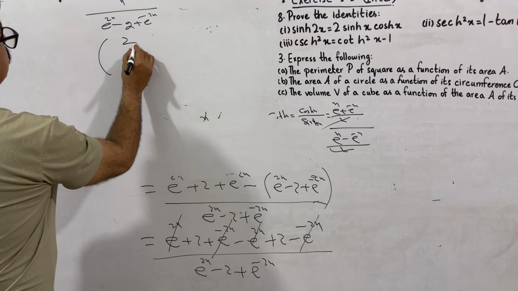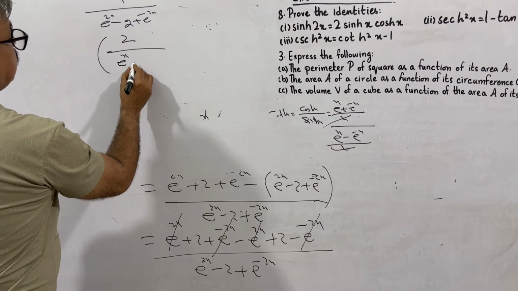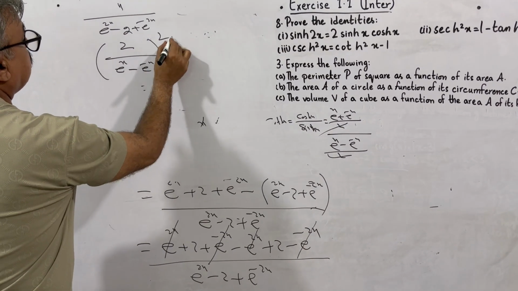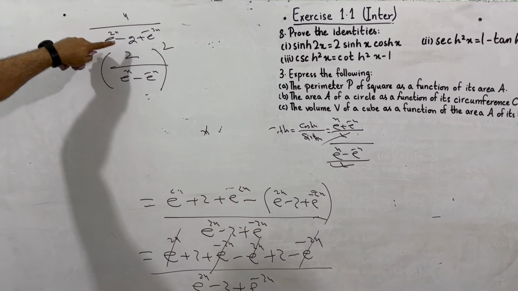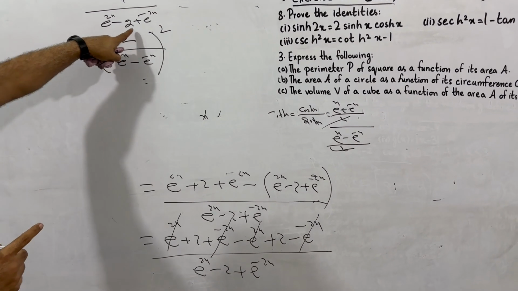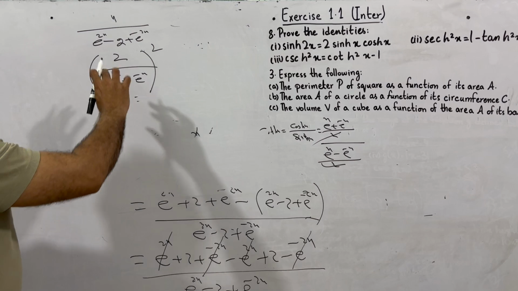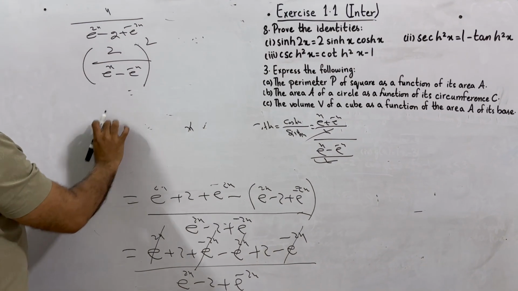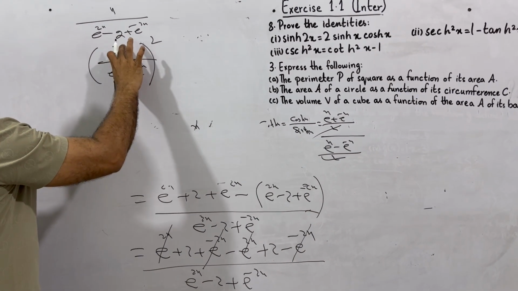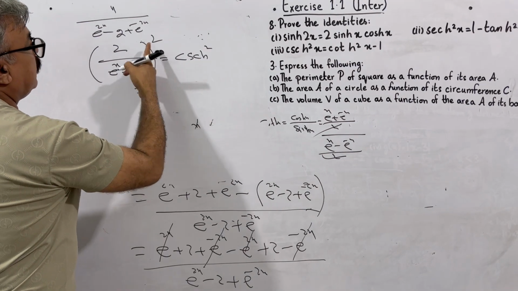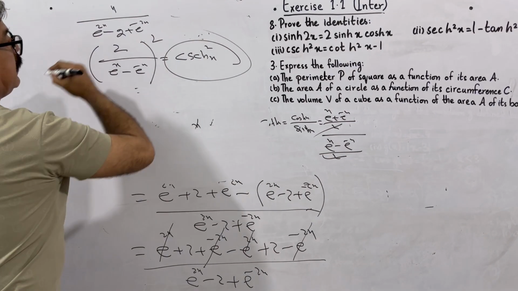I can write this as 2 over e power x minus e power minus x, whole square. This 4 can be written as 2 square. This is the complete formula of e raised to x minus e raised to minus x, the reciprocal of sine. Means it is cosec hyperbolic x.